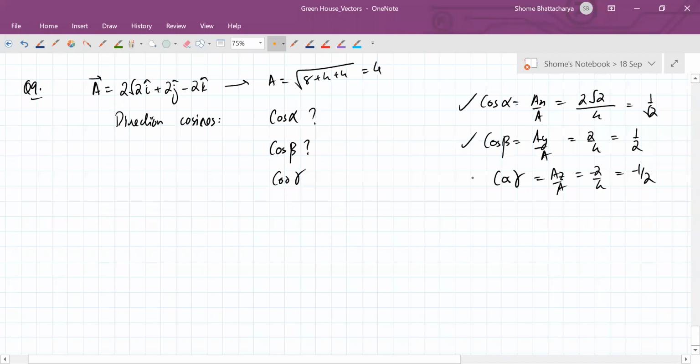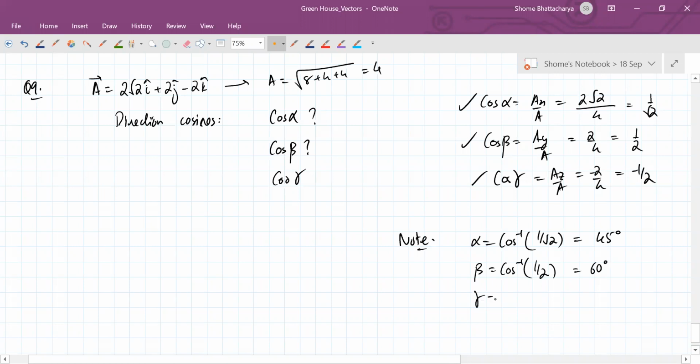This is your answer actually, direction cosines. But from this you can also see that alpha will be cos inverse of 1 by root 2, okay, which is how much? 45 degrees. Beta will be cos inverse of half, which is 60 degrees. And gamma is cos inverse of minus half, which is 120 degrees.